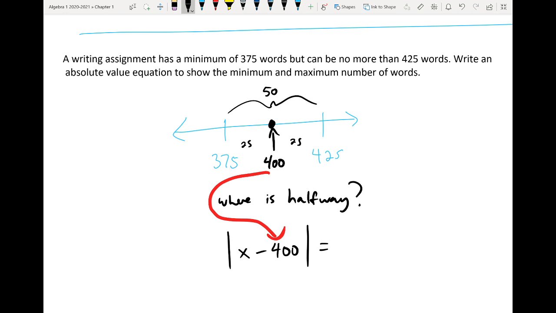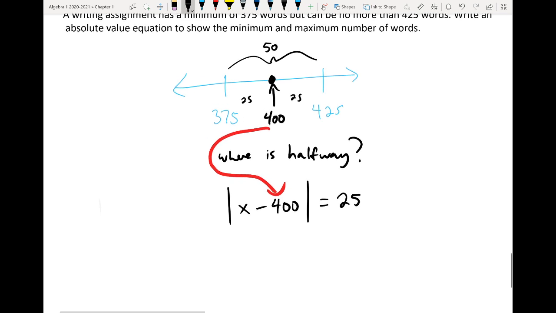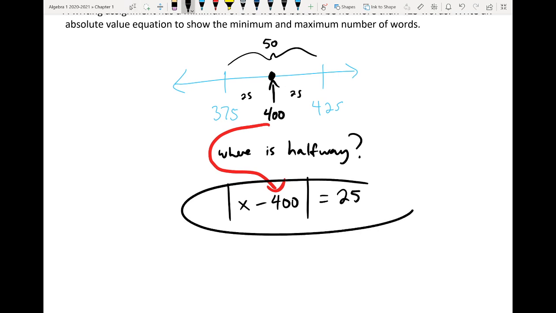How much did it go up and down? In this case, it was 25 in each direction. 25 more than 400 was 425. 25 less than 400 was 375. Gentlemen, this is actually your absolute value equation. If you don't believe me, plug it in. 375 minus 400 is negative 25. Absolute value of negative 25 is 25. And you can flip that back around as well.